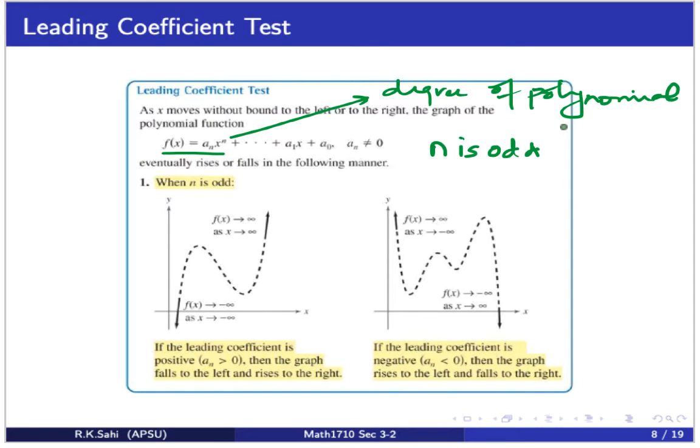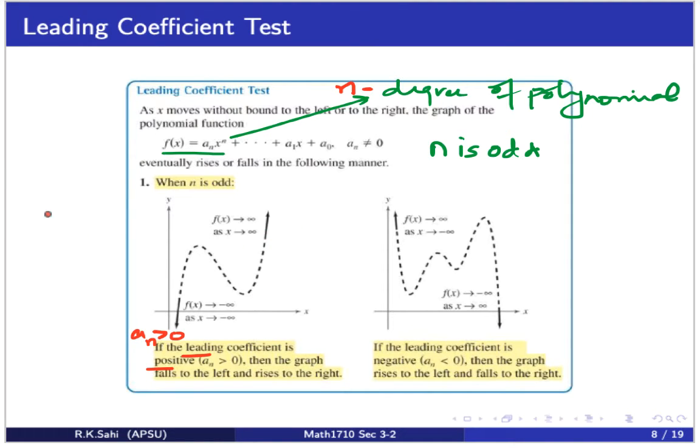Let me write it down again: n is the degree of the polynomial. Now, if my n is odd, what happens? When my n is odd and the leading coefficient is positive, that means a sub n is positive, what happens? Then the graph will fall to the left and rise to the right.